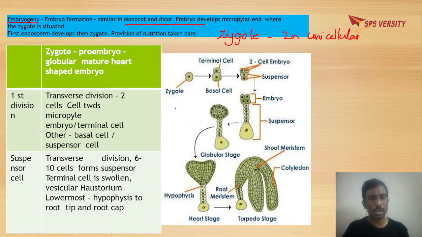So this zygote undergoes transverse division. Here you can see one cell of the zygote undergoes transverse division. The lower cell is called the basal cell and the upper cell is called the terminal cell.